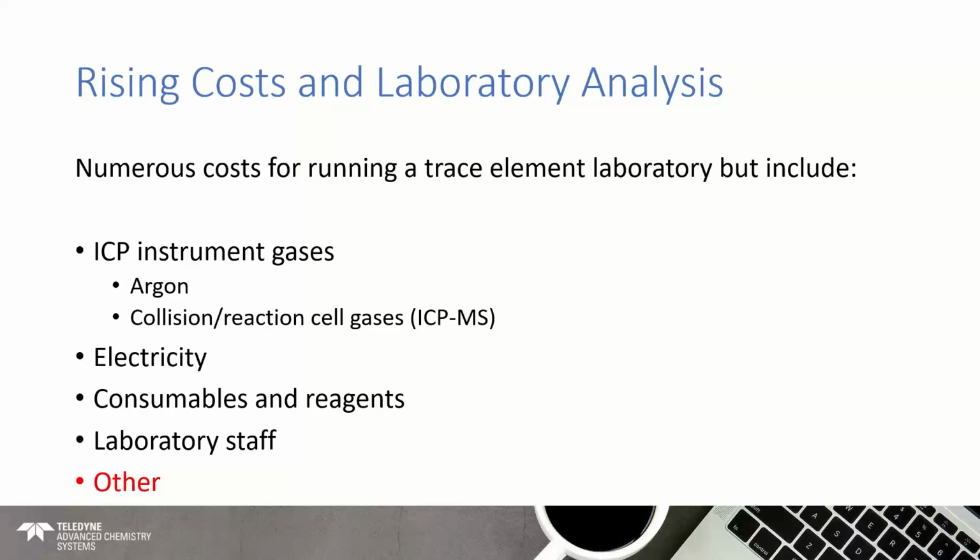So those are the kinds of costs that you're looking at for a trace element laboratory, and those costs are generally going up. With global supply chains in the aftermath of COVID, there have been challenges with a lot of products and consumables that are going into laboratories, and as a result, those have a knock-on effect to costs of running.